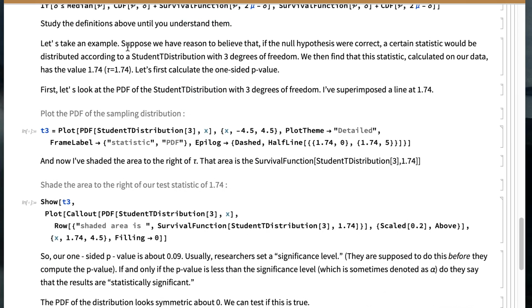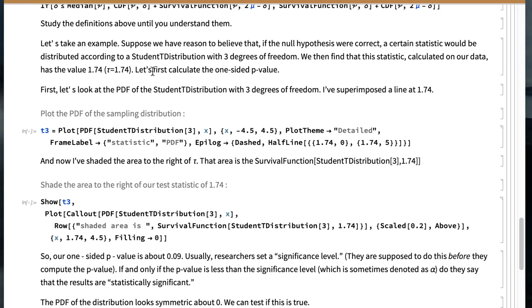Here's an example. Suppose we have reason to believe that if the null hypothesis were correct, a certain statistic would be distributed according to a student t-distribution with 3 degrees of freedom. Okay? I'm not going to tell you why that's the case, just assume it's true. Now we find that when we calculate that statistic on our own data, it has a value of 1.74.